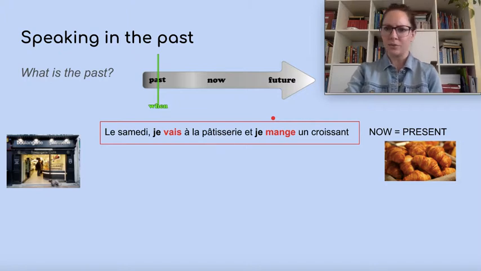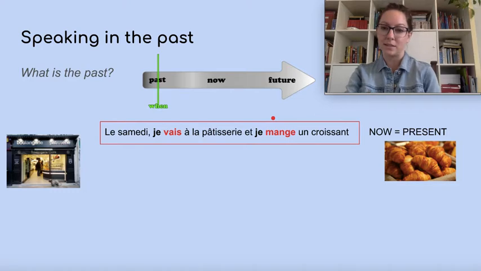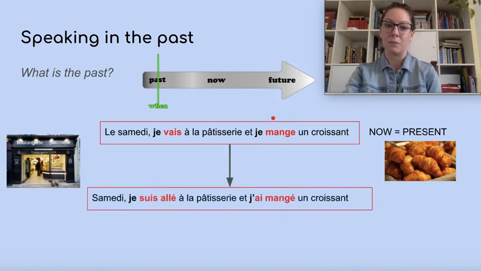Now, it's the afternoon, and I already did this action. I completed this action this morning. So I'm not going to tell you about this in the present because I'm not currently doing it, or I'm not going to do it, or I'm not talking about the habitual action of doing it. I did it. It's finished. It's completed.